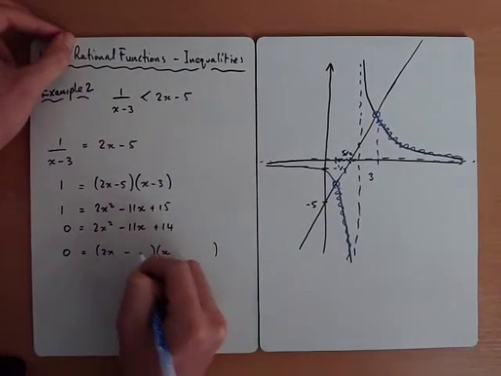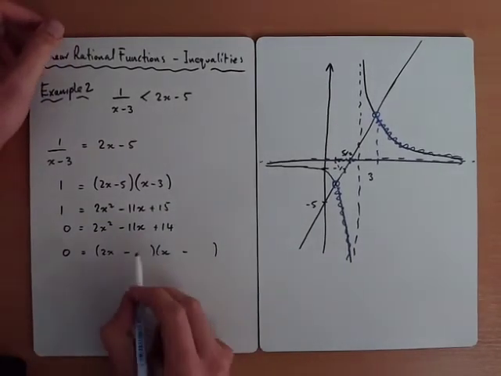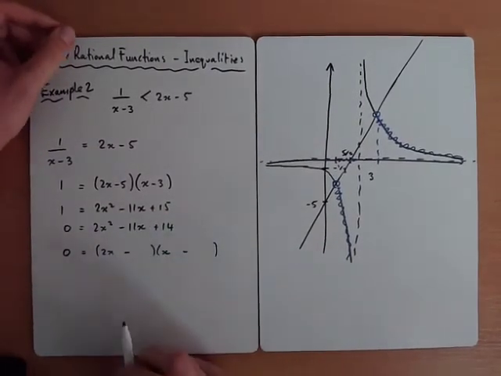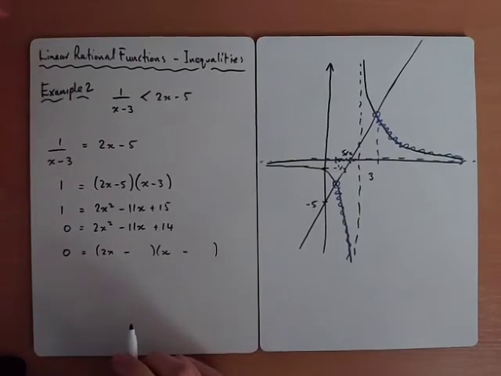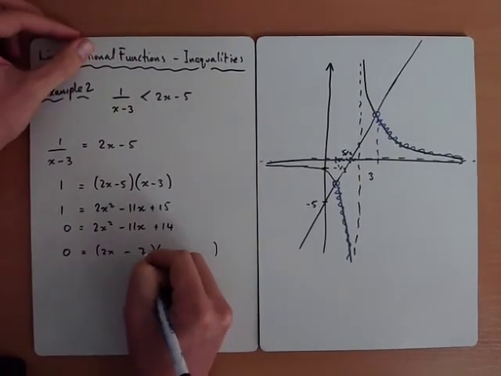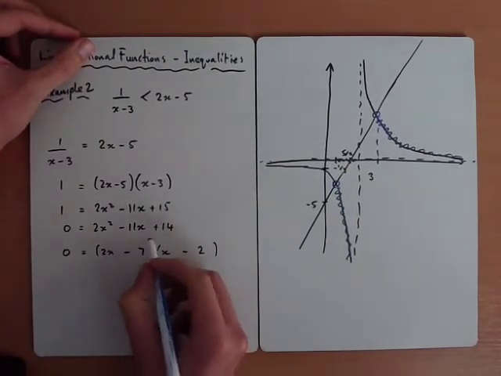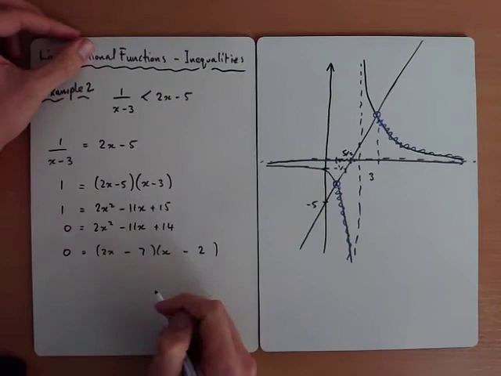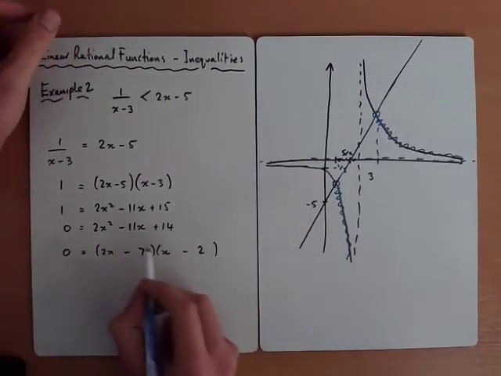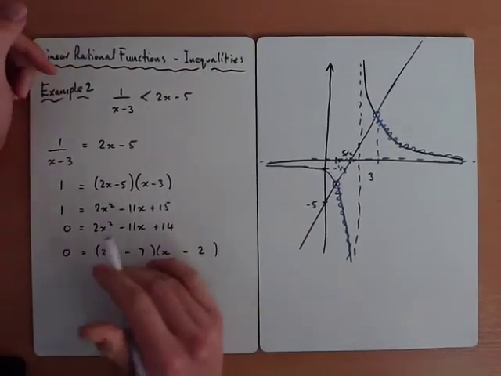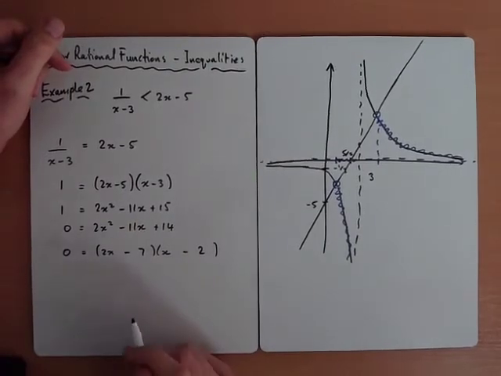Plus 14, so I know they've both got to be negative because the two minuses multiplied together give me a plus. Factors of 14, 2 and 7, yes, that's going to work, isn't it? If I put the 7 there and the 2 there, because that'll give me minus 4x, minus 7x. Okay, if you ever are going to factorise, make sure you just mentally expand it back out to check it gets back to what you started off with.